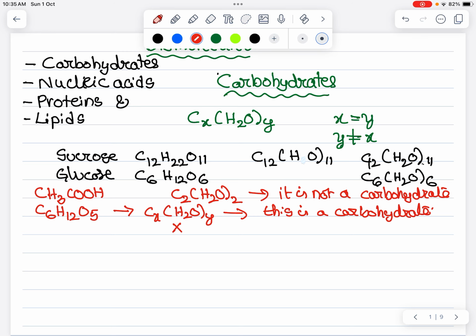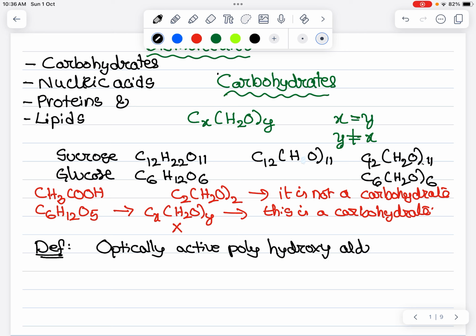So we can define carbohydrates as optically active polyhydroxy aldehydes or polyhydroxy ketones.